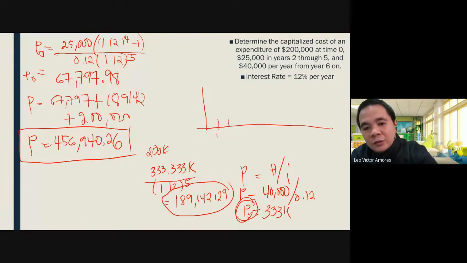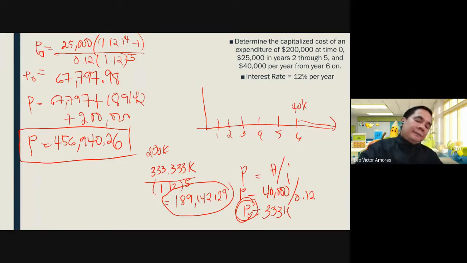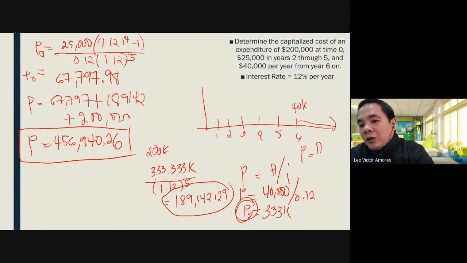1, 2, 3, 4, 5, 6. Starting at year 6, you pay 40K in perpetuity. Since P is equal to A over I, your A is 40K divided by 0.12.